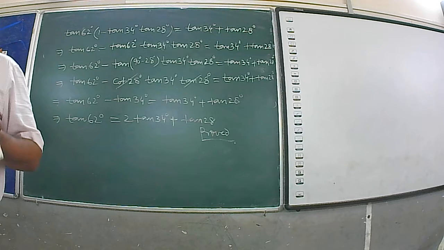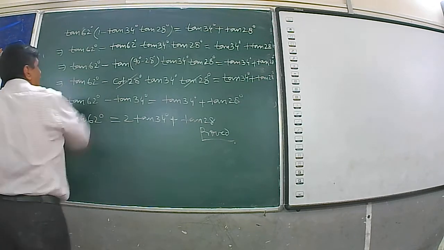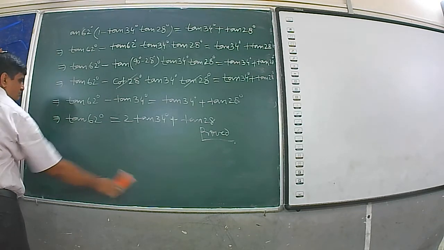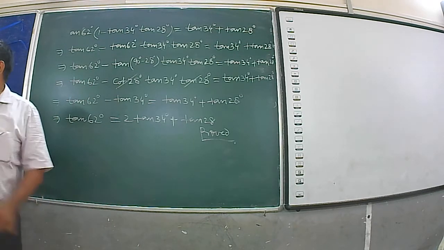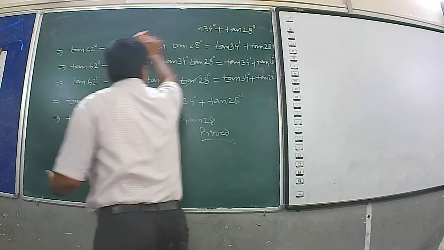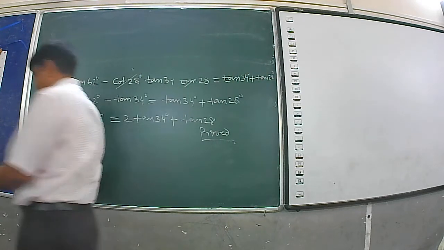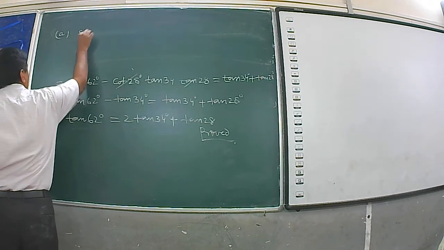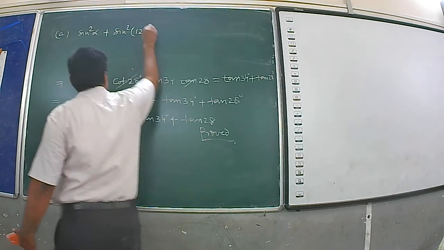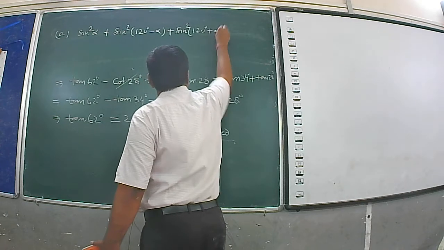Boys, second type question. Alpha: sin square alpha plus sin square 120 minus alpha plus sin square 120 plus alpha is equal to 3 by 2.